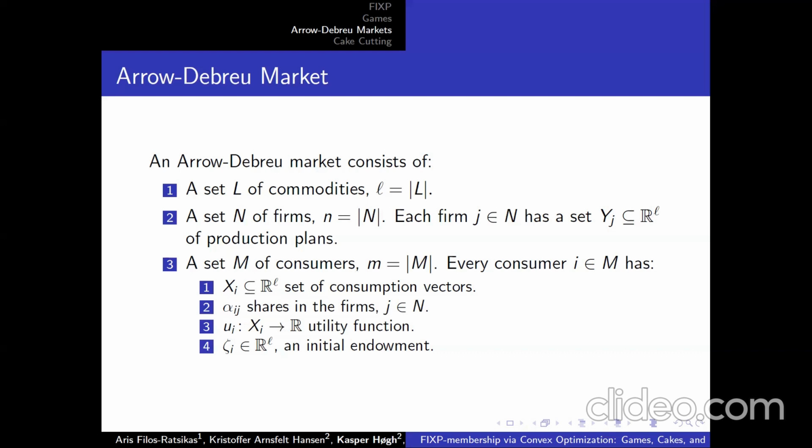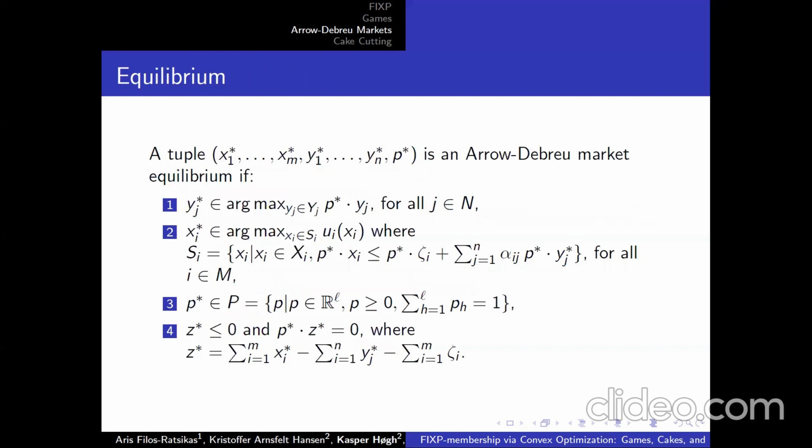Okay. And now in an Arrow-Debreu market, we want to find an equilibrium, and this is a tuple of consumption vectors for each of the consumers, a list of production plans for each of the firms, and a price vector, so a pricing of all the goods. And they should satisfy a bunch of things. For each of the firms, yj star should be maximizing the payoff of this production plan. And for each agent, xi star should maximize the utility of the ith agent subject to some budget constraints.